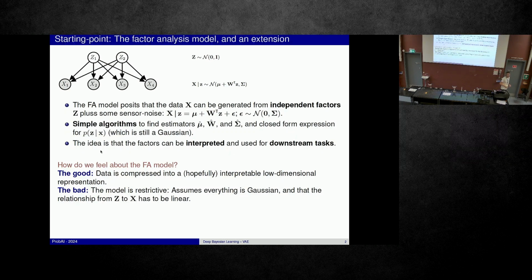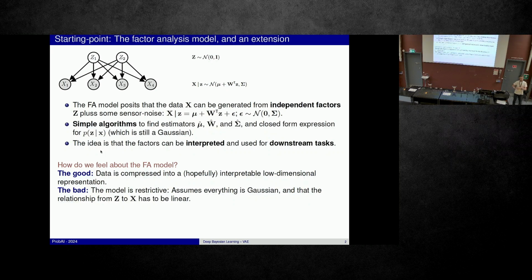The good thing is that we have a nice, simple model that is interpretable and easy to understand, and it allows us to compress data into a low-dimensional representation that we are basically in control over. We can decide the number of dimensions that we want to have. The bad thing from our perspective is that the model is also very restrictive.